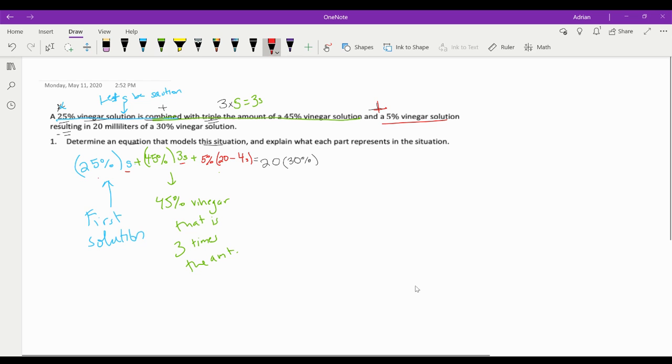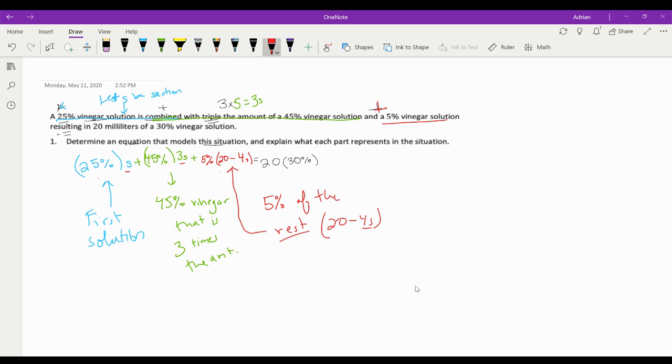And the last part was 5% of the rest. And so if you talk about what is the rest of it, that gives you a clue to subtract. So if you're trying to find the rest of something, previously you got to subtract 100% minus 30% to get 70%. So what is the rest of it? So 5% of the rest gave us 20 milliliters minus whatever the solution is for green and blue put together.